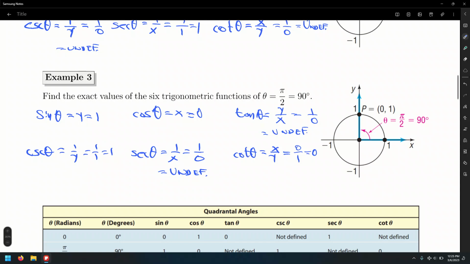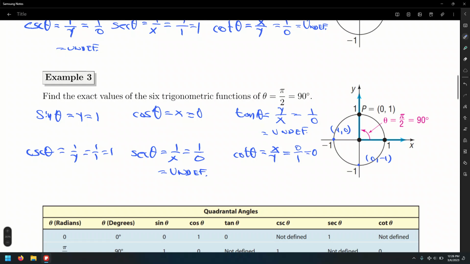Of course, we can keep doing this for the next quadrantal angle, 180 degrees, and then the next one, 270 degrees. If you want to, do it at your leisure. Essentially do the same: define the point for 180 degrees, that's negative 1 comma 0, and the point 0, negative 1.